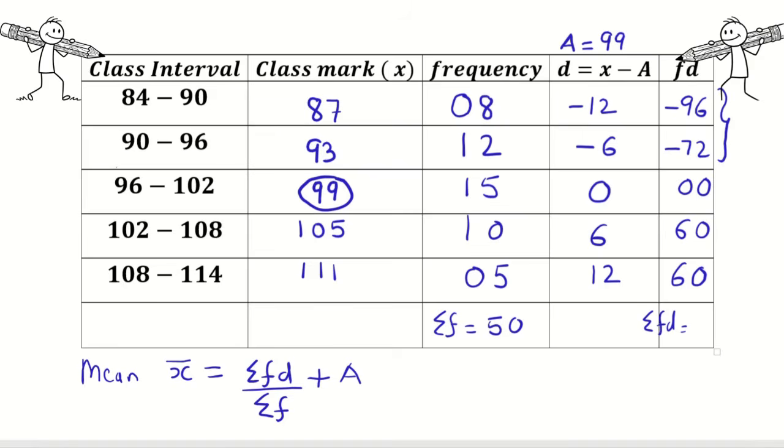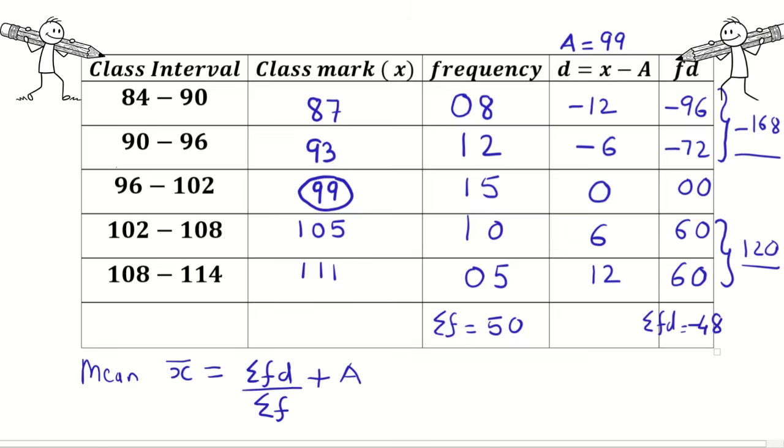When you total this, minus plus, add and take the sign of the greater number, this comes to minus 168. And when you add this comes to 120. So plus minus is minus, sign of the greater number. When you calculate this, minus 168 plus 120 comes to minus 48. So if you see, our table is ready.